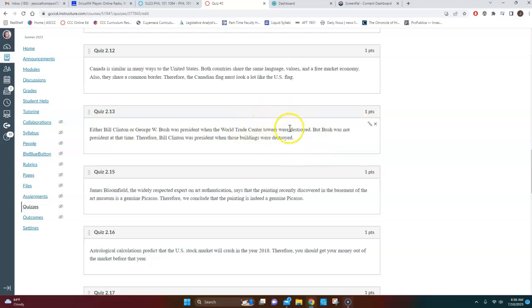When you read your problem, first ask: am I dealing with an inductive or a deductive argument? The answer to this one is deductive. This is a disjunctive syllogism. You can know this because it's either this one or that one; it's not this one, so it must be that one.